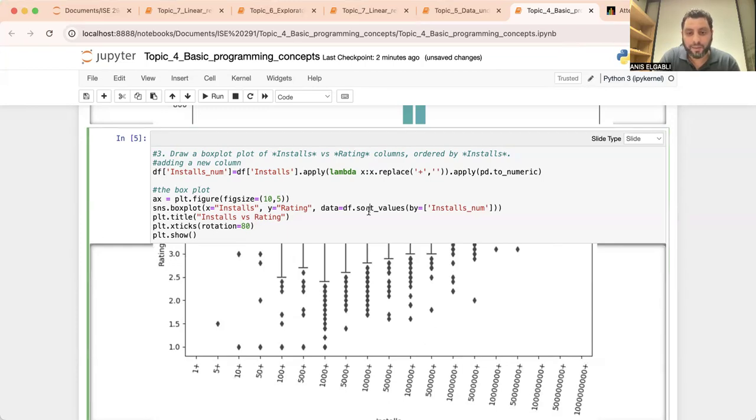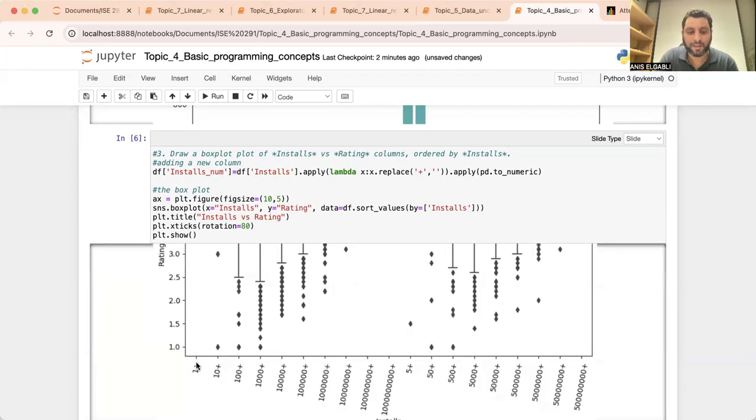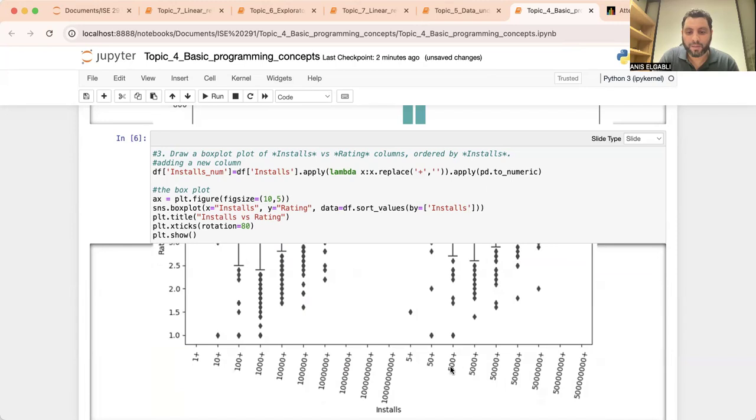So why have we sorted by the values of this installs numeric? If we sort by the values of the original one here, installs, then they are taken as letters, so the sorting will be like this. 1 comes before 5, so it is alphabetically ordered.